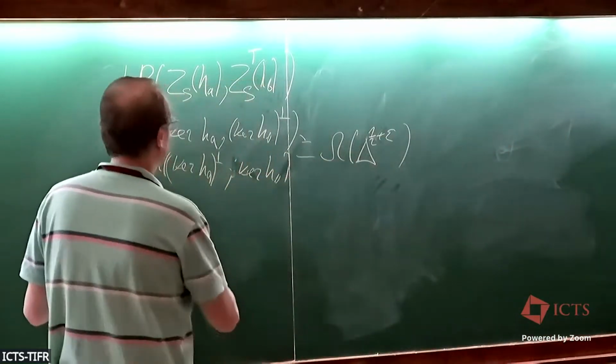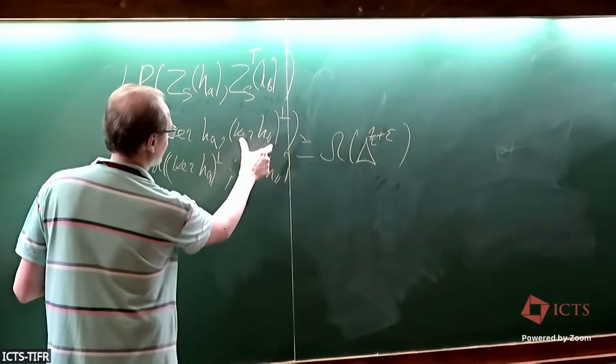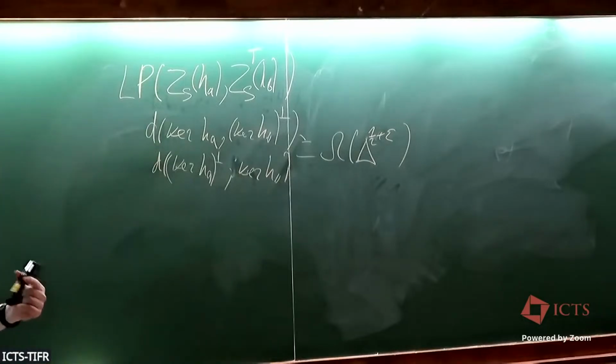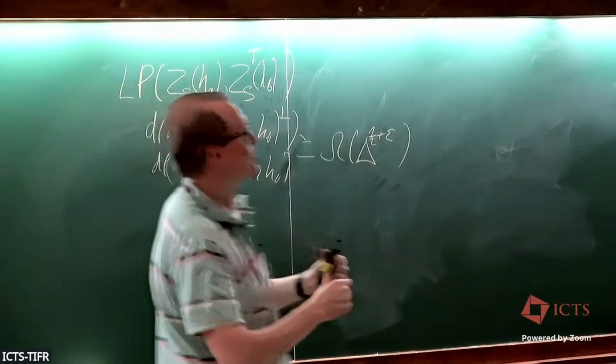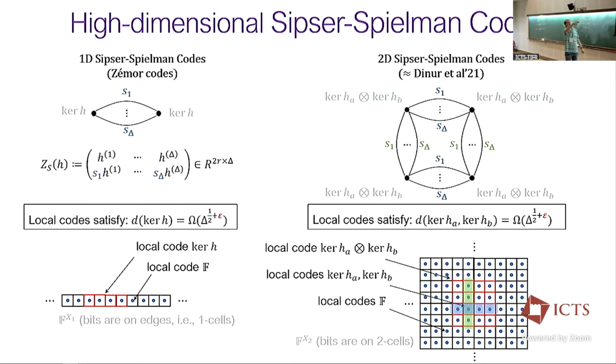But here we consider not just these codes, but their duals. So this is interesting. In fact, you can reinterpret this object differently. You can assign X checks and Z checks here, and qubits here, and you can assign qubits to the squares. So you can interpret this object in many different ways.